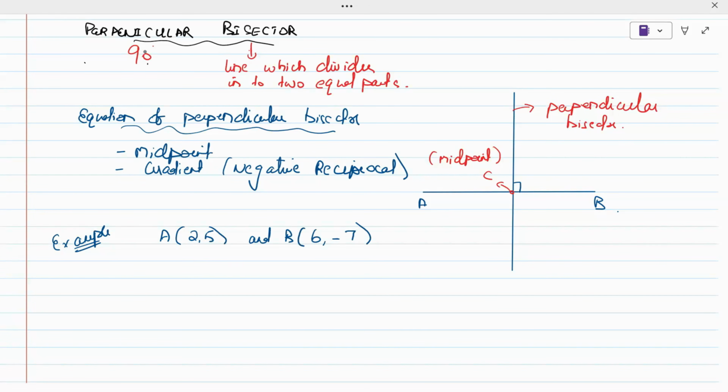And the question says, find the equation of the perpendicular bisector of AB. Okay, so A and B are the endpoints given to us, and we have to find the equation of their perpendicular bisector. So we need to find just two things. One is their midpoint, second is their gradient. So let's start with finding their midpoint.